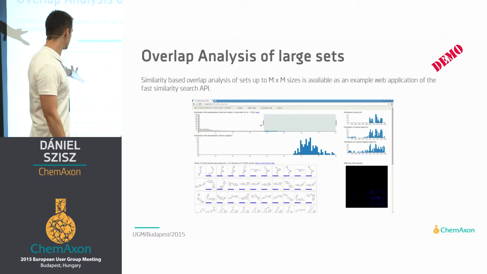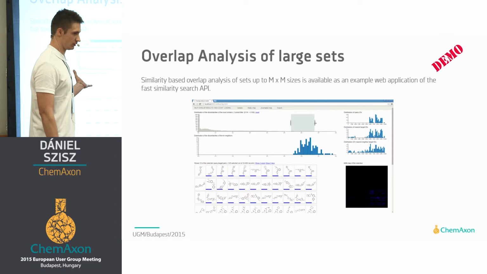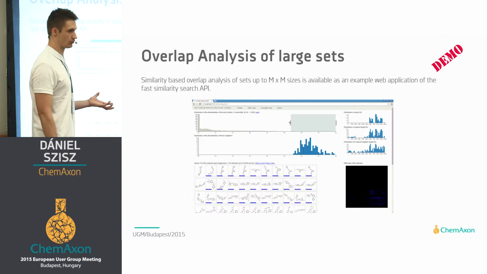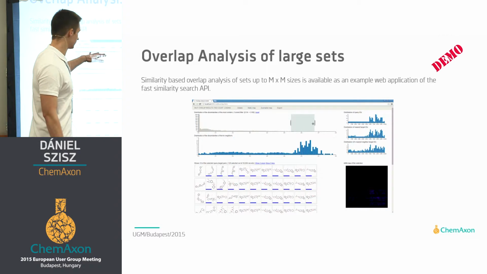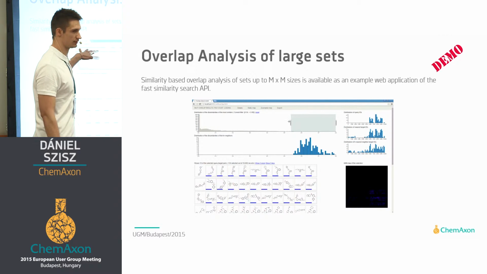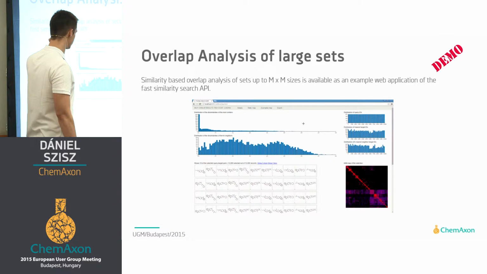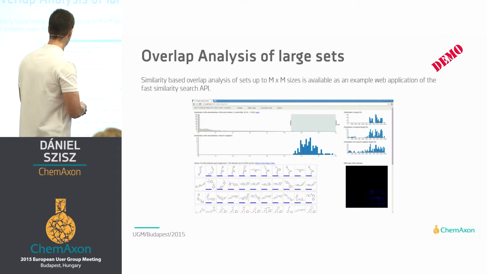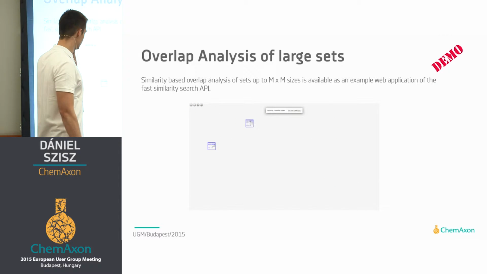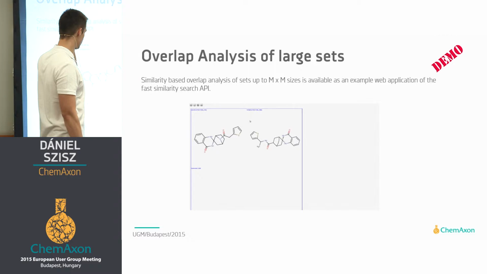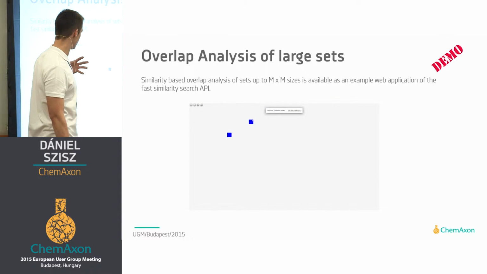The first video demonstrates a very nice visualization of the overlap results. In this case, you can see some kind of histogram representation of the distribution of the hits, while the second is also a very interesting and very nice representation of the hits.